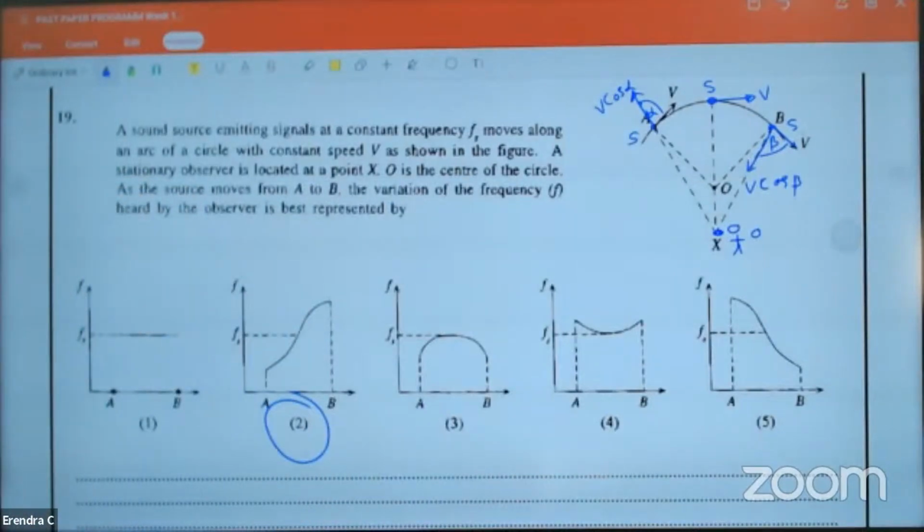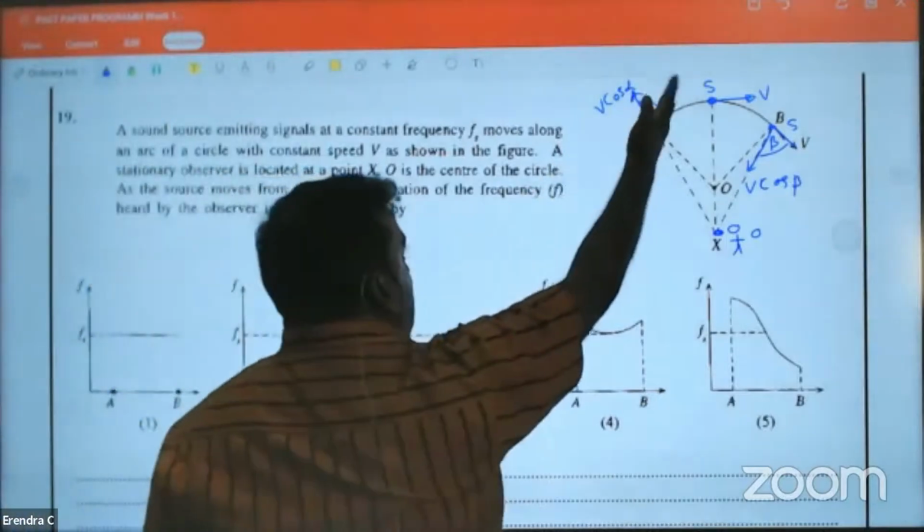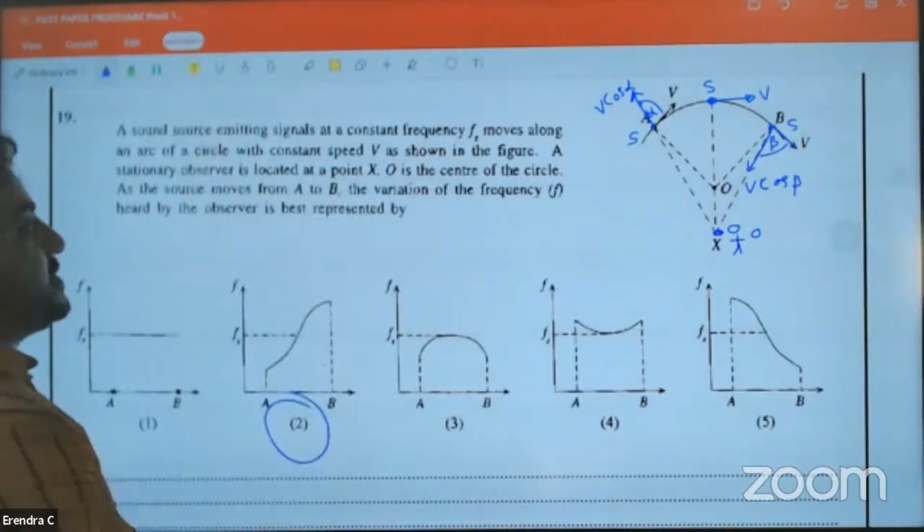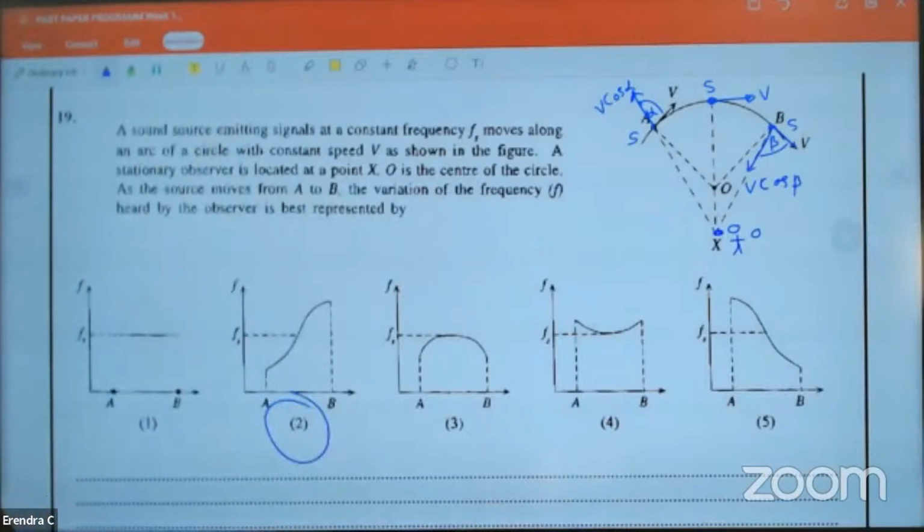At point A, if we consider the acute angle, it is like the source is moving away.